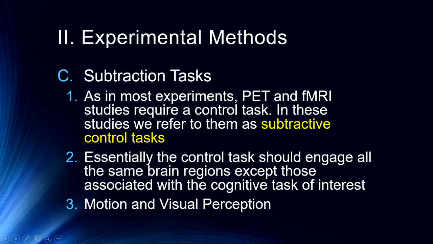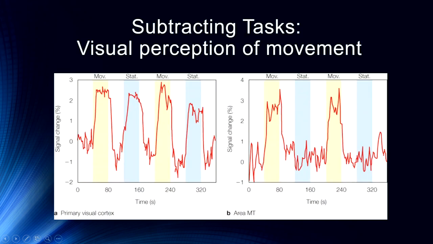So that gets us back to motion and visual perception. When we start trying to generate those fMRI maps that you see, where you see a brain all lit up in some area, and we're interested in areas involved in movement, what we're going to do is take all these movement trials and all these stationary trials, and subtract one from the other.